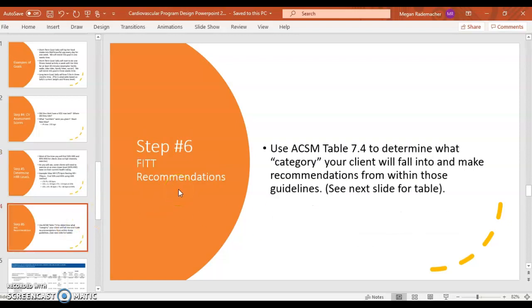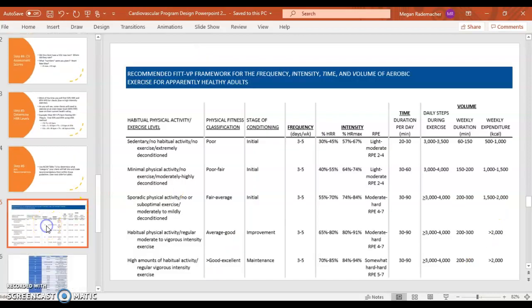Step number 6 is going to be using the ACSM table 7.4 to determine what category your client will fall into and make recommendations from there. So this is the ACSM table 7.4, and this is posted in Canvas for you as well.